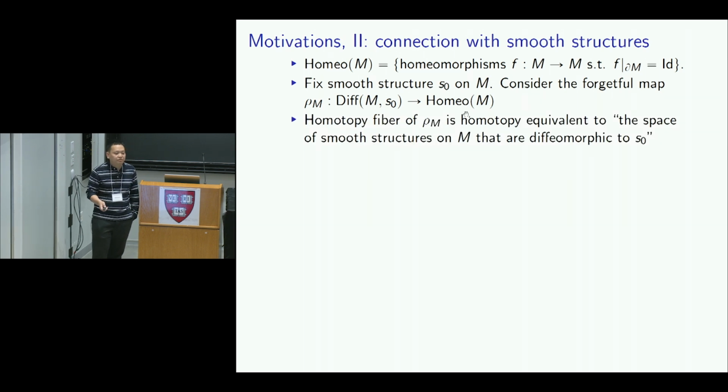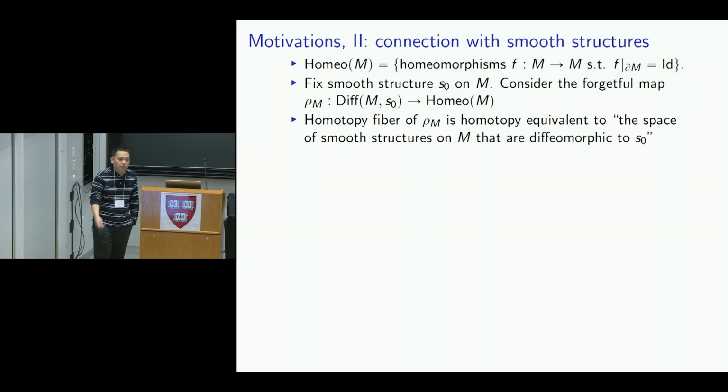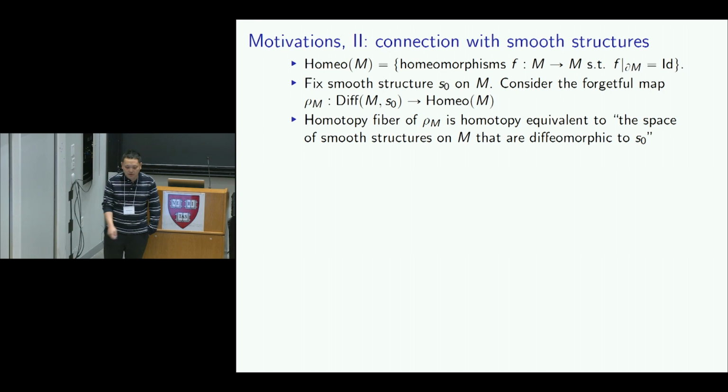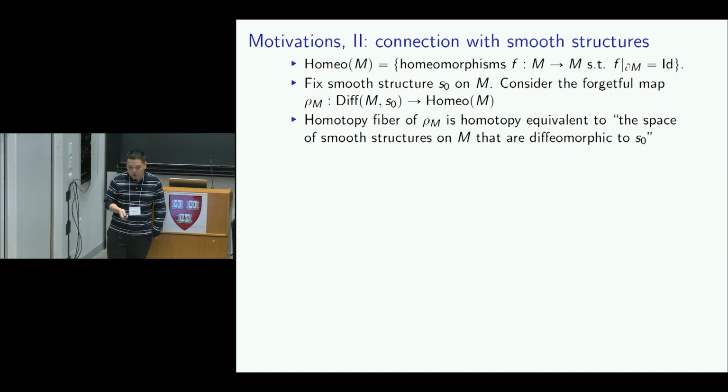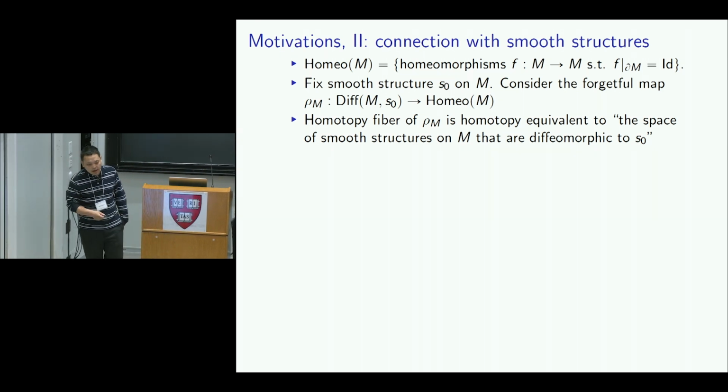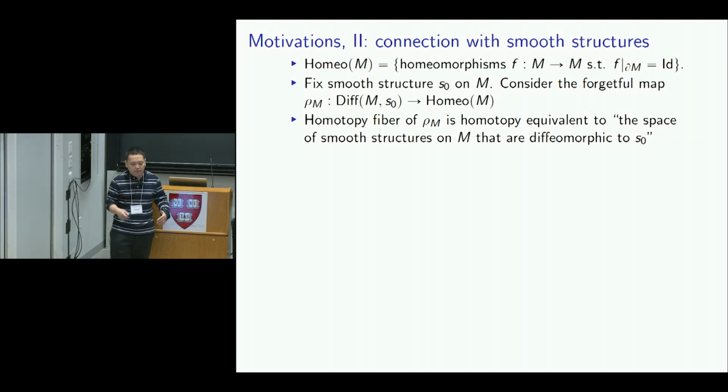So we have a forgetful map, because every diffeomorphism is also just a homeomorphism. And it turns out that any continuous map you can turn into a fibration up to homotopy. Then you take the fiber, called the homotopy fiber. The homotopy fiber of this map turns out to be homotopy equivalent to the space of smooth structures on M that are diffeomorphic to S0.